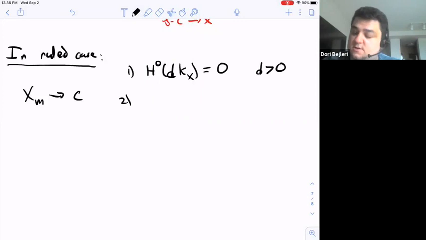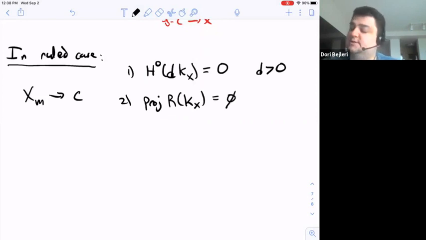So in particular, the proj of this log canonical ring is empty. So this we can think of as analogous to the genus 0 case for curves. This map is a fibration where the fibers are actually P1, so they are genus 0 curves.